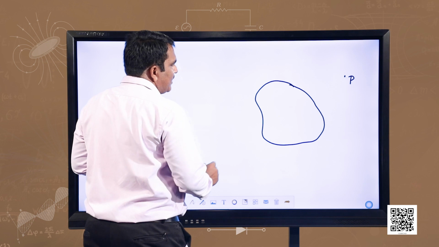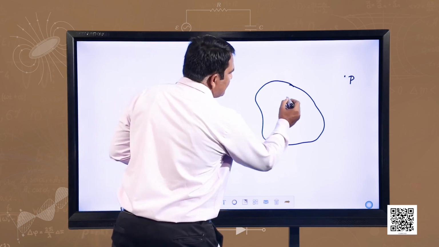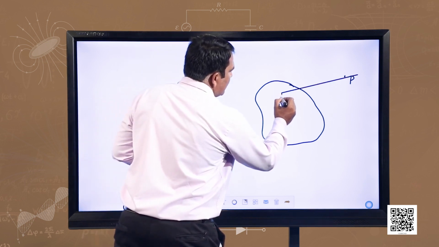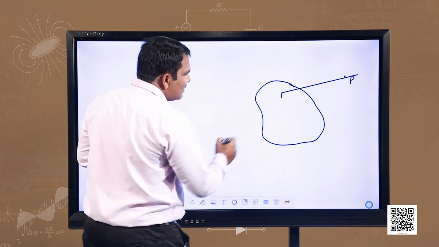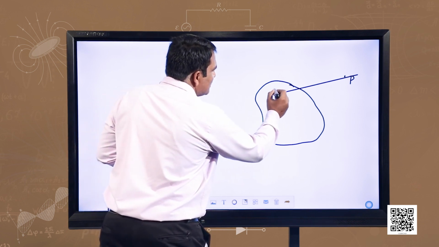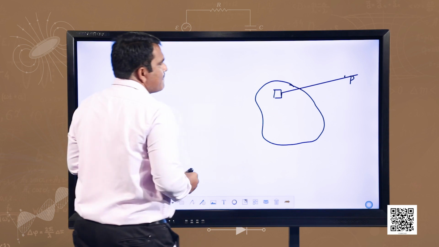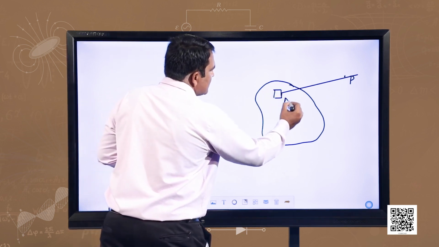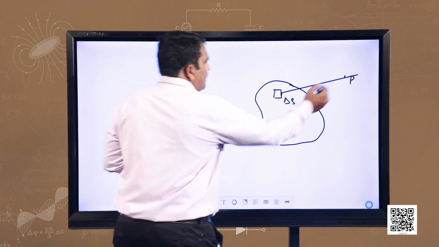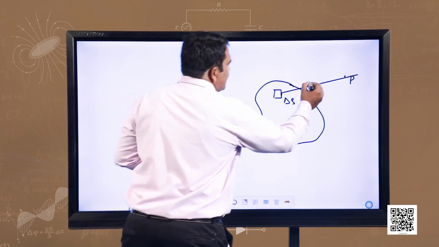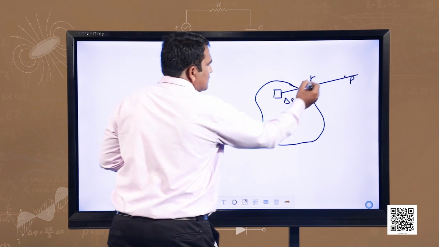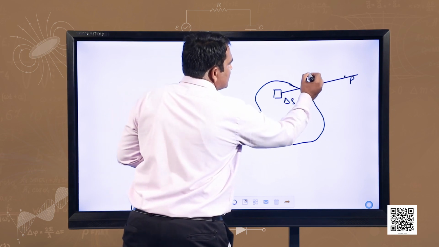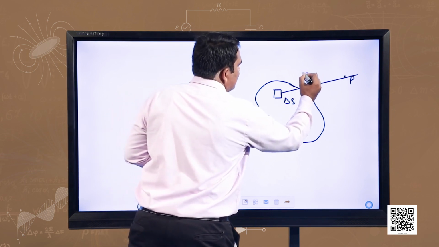Now, what we can do? We can cut a small area element from this surface. Suppose the area element is delta S and the distance of point P from this area element we can take as r dash, the position vector is r dash.